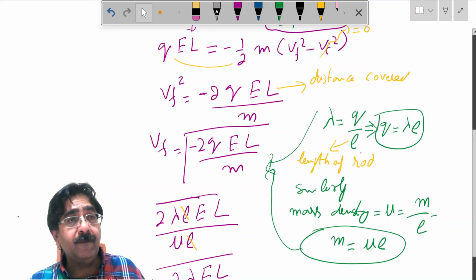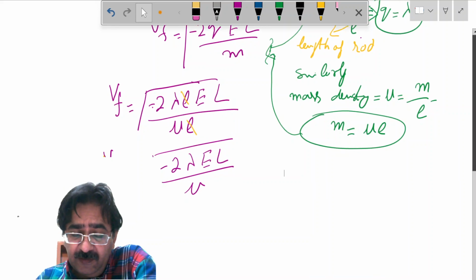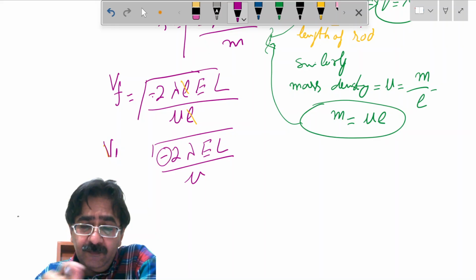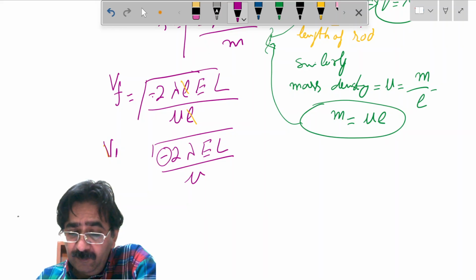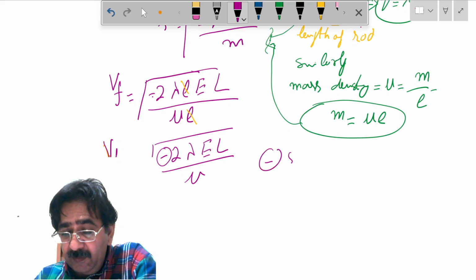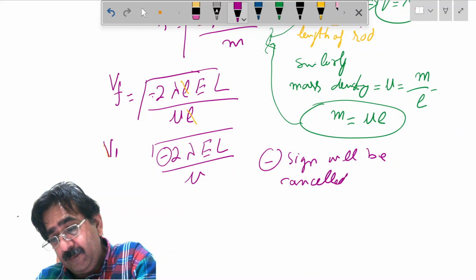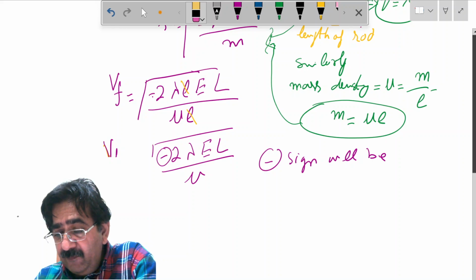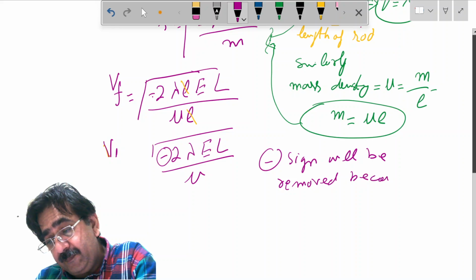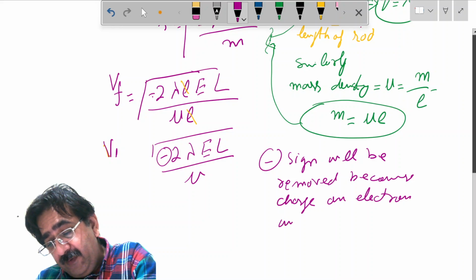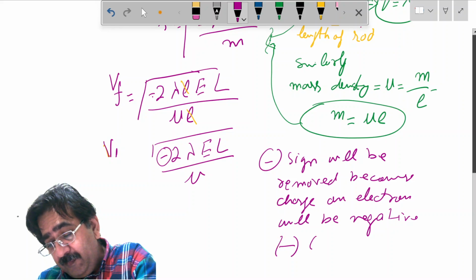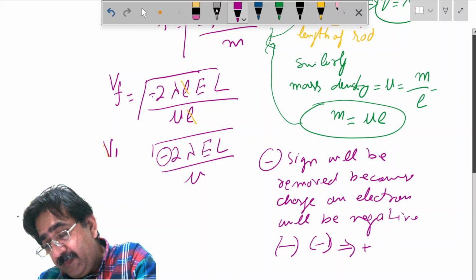Okay. This minus, this negative sign will be removed, because the charge of the electron will be negative, and minus multiplied by minus will be plus.